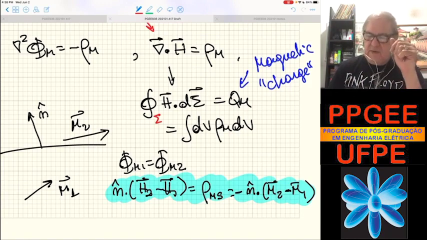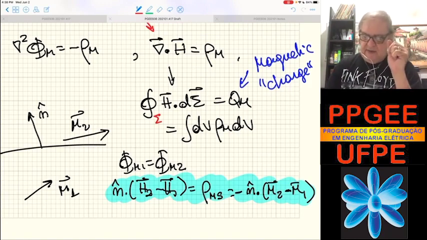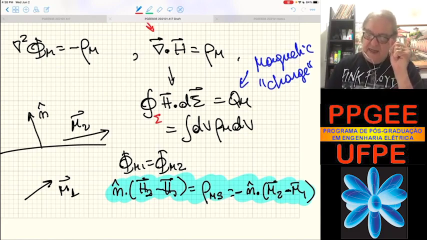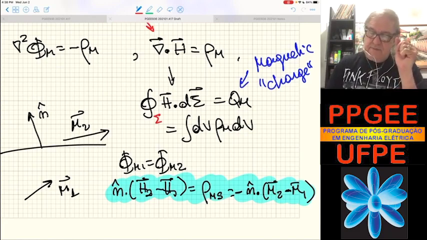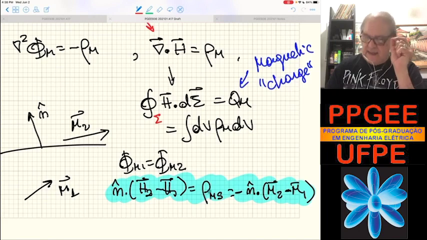This type of magnetic charge is defined here to make a similarity with electrostatics. So we have continuity of the magnetic potential and a discontinuity on the normal component of H, which is due to that residual magnetic surface charge density.